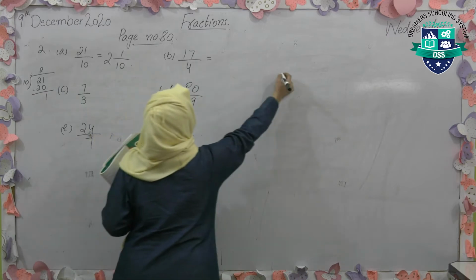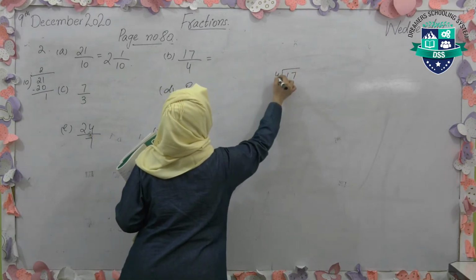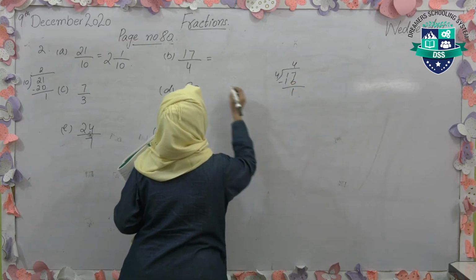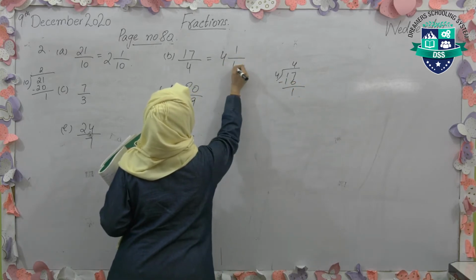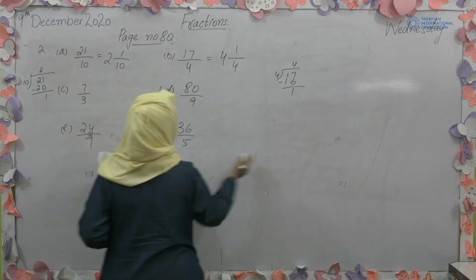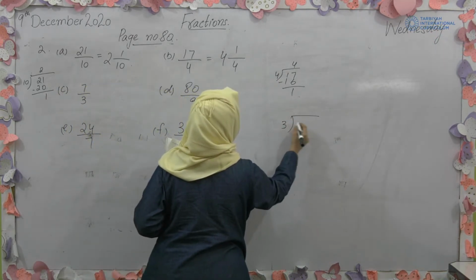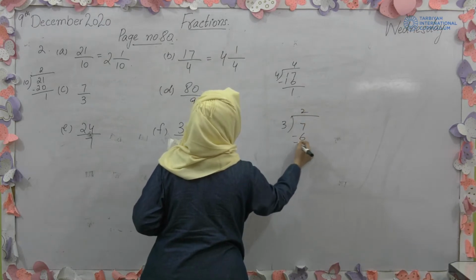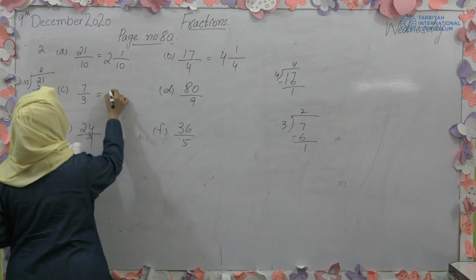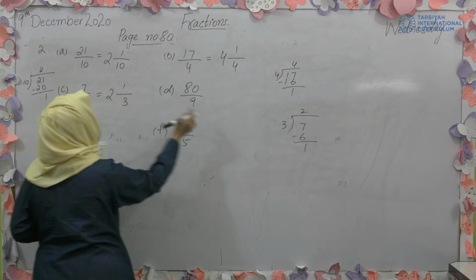Now 17 by 4. Dividing 17 by 4, 4 4s are 16, 1. So 4 whole 1 by 4. 7 by 3, 3 2s are 6, 1 remainder. 2 whole 1 by 3.